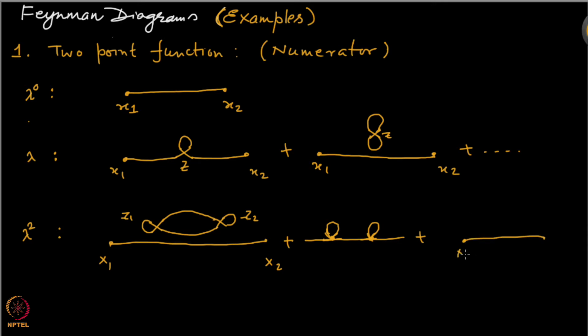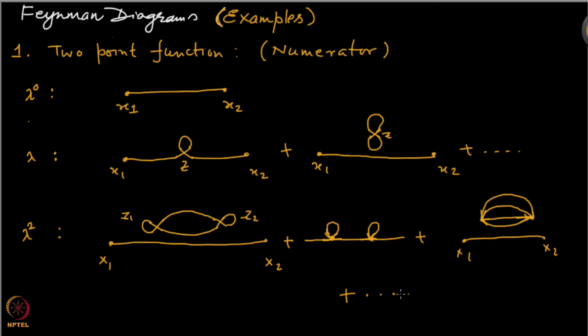You connect the external points x1 and x2, and then the 4 small lines that come out of each vertex, all of them can connect to the other vertex. So let's say this is vertex z1, z2, and there are 4 lines coming out, and I contract them like this. At this vertex you have 1, 2, 3, 4, and here 1, 2, 3, 4, and you have connected them. So this is another possible diagram, and you can draw other diagrams as well.